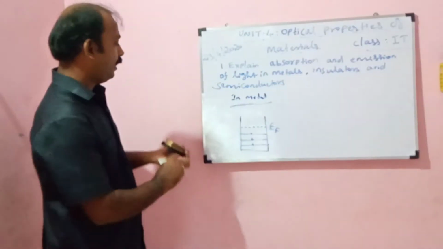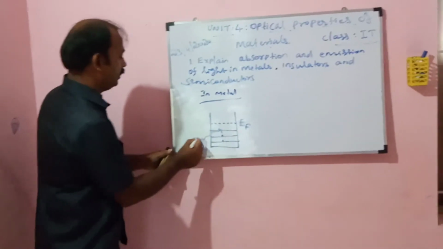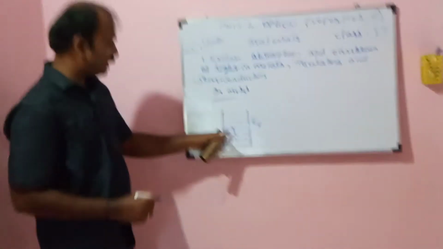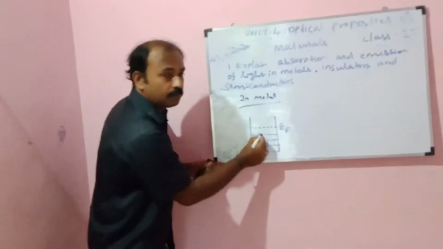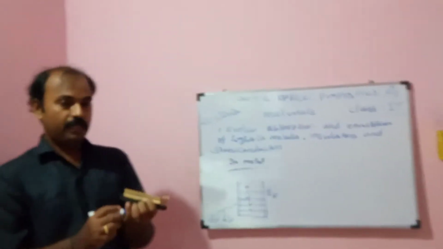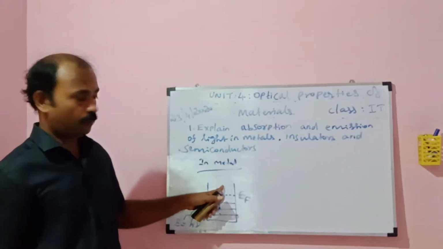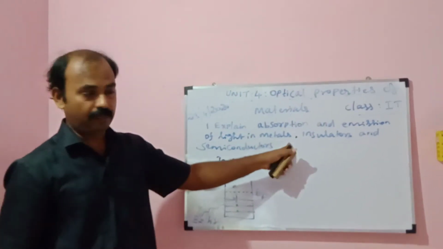In case of metal, when some light is incident, suppose the light whose energy is equal to h nu is incident on that metal surface, then this electron is moved from this state to a higher state, that means over that Fermi energy state also. So this is how absorption takes place in case of metal.